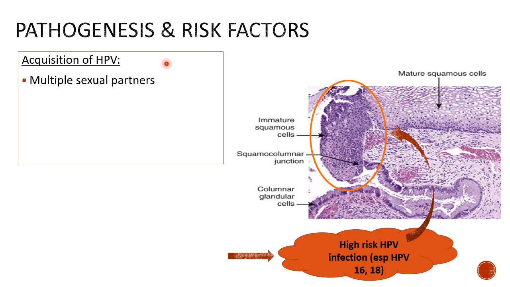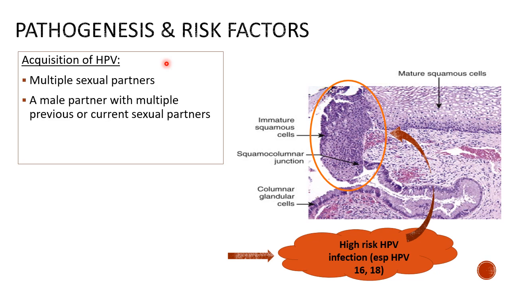For example, if someone has multiple sexual partners, or if they have a male partner with multiple previous or current sexual partners, this increases the risk of getting exposed to HPV and getting the infection. Again, if someone was at a young age at first intercourse, or if someone has a positive history of sexually transmitted diseases, this also increases the risk, partly because this would indicate promiscuous behavior of that person.